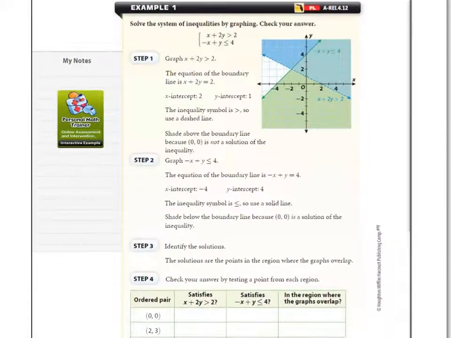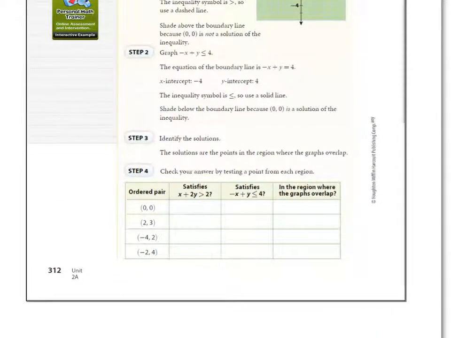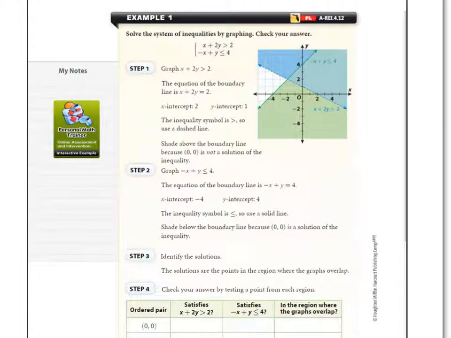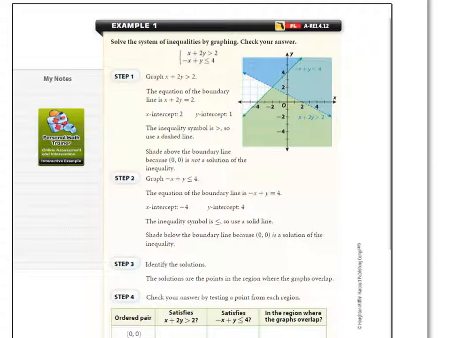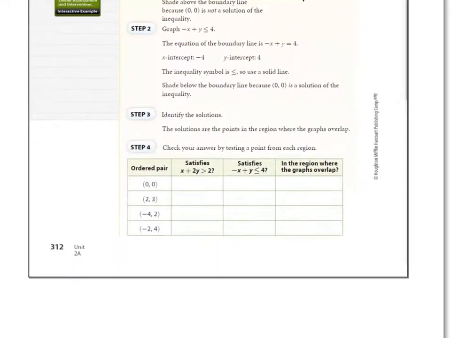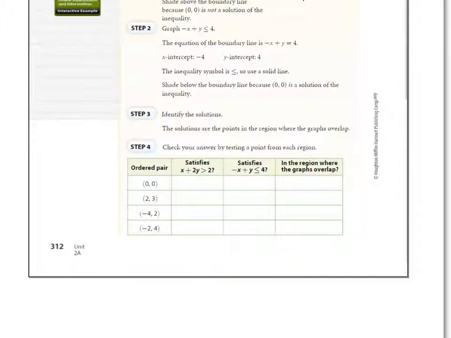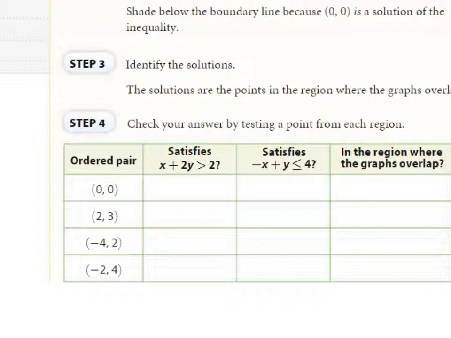In step 4, they've given you 4 points to check to see if it would satisfy those two inequalities. But again, keep in mind the entire point is to solve it by graphing. So you're looking for any solution that's in this region. But let's go through their table here. If you have 0, 0, 0 plus 2 times 0, is that greater than 2?